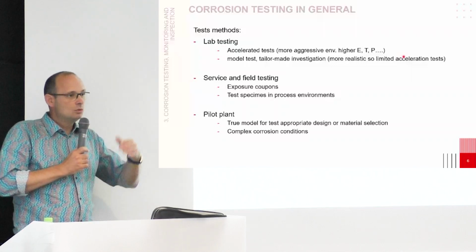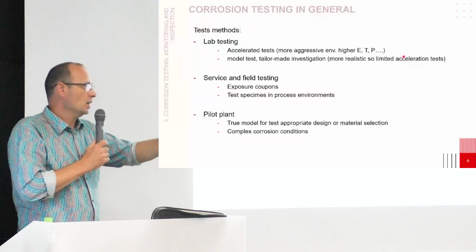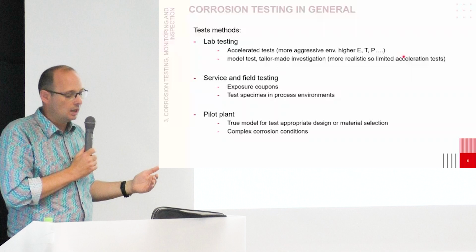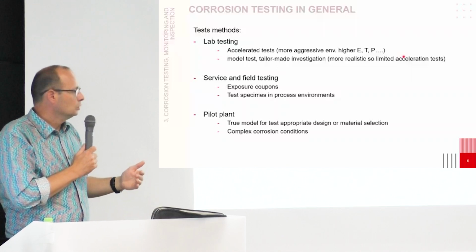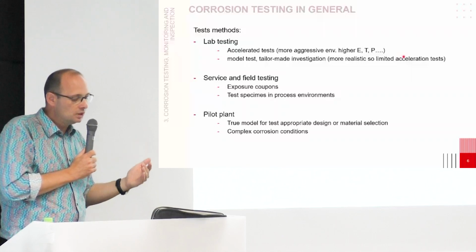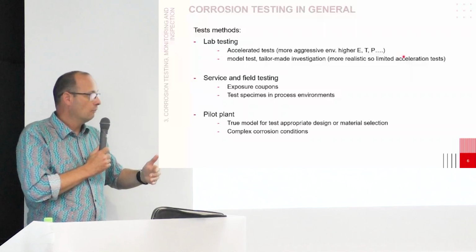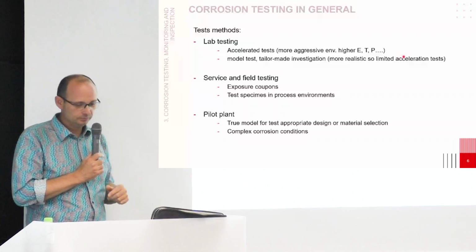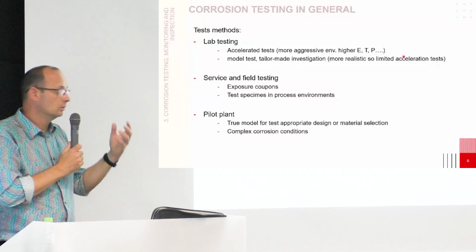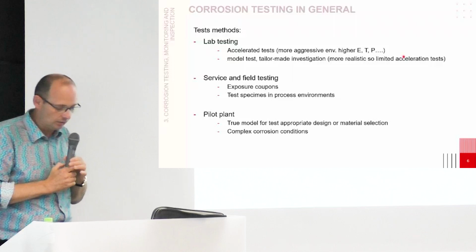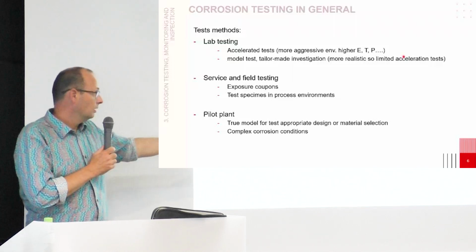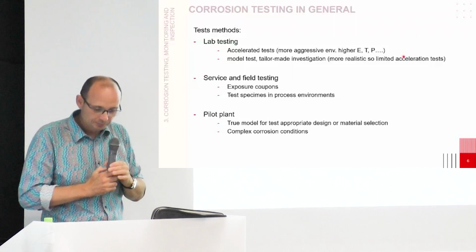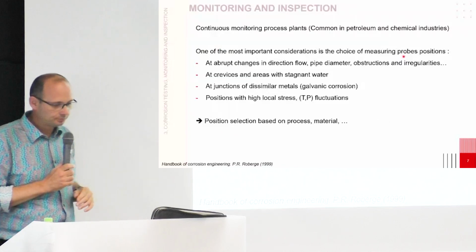And sometimes, when you are in an advanced project and you start to have a first selection of materials from lab testing, you know that there are only a few candidates, and you have a lot of money, you can implant them in the pilot plant. So here you are dealing with the real conditions of application of the material. But as previously, you also need to monitor corrosion of these materials to be sure about their lifetime.